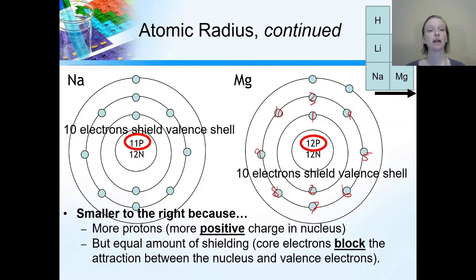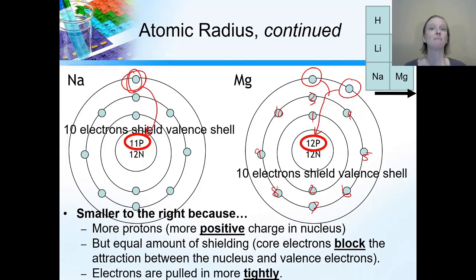They both show 10 core electrons that are blocking the view of the valence electrons from seeing the nucleus. So overall, here we have more protons pulling in those electrons. Therefore, magnesium pulls in its outer shell of electrons more tightly, making magnesium smaller.